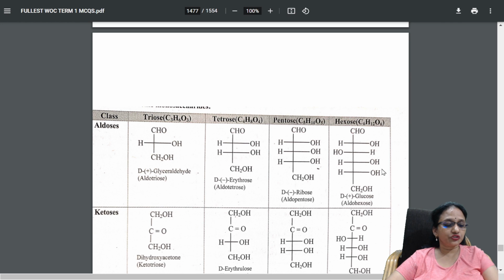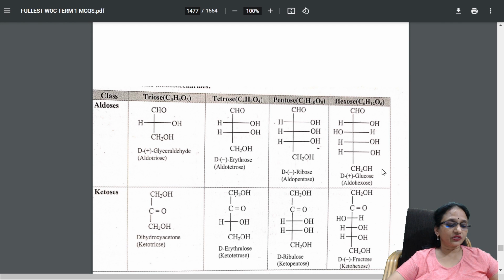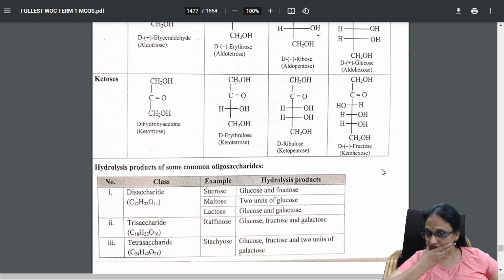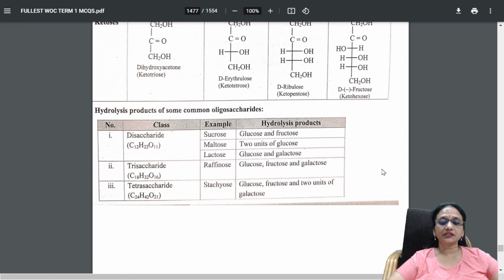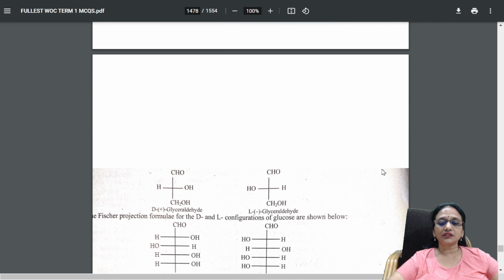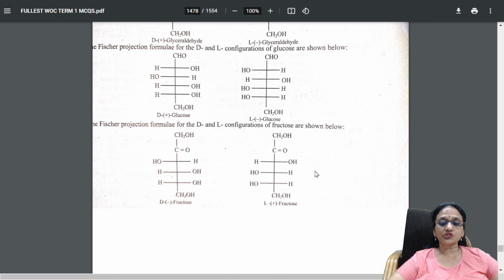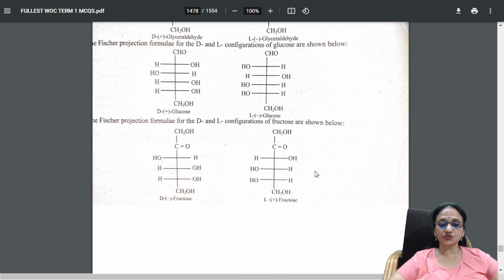For the classification of aldoses, how are they classified? Trioses or ketoses, then hydrolysis products of oligosaccharides, further structure of D-glucose, L-glucose, D-fructose, L-fructose.